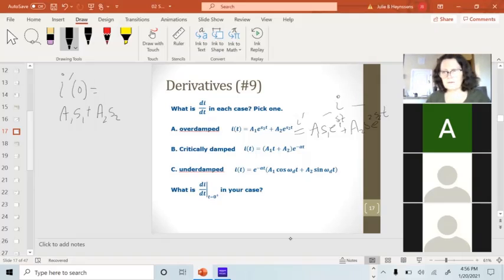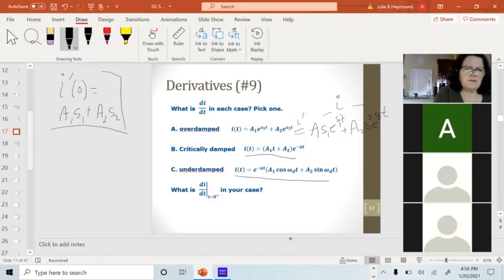And we can go through it, we can do the calculus, we could take the derivative of this, evaluate it at 0, we could take the derivative of this, evaluate it at 0, but there's the answer. So for part A, if I can find the rate of change of the current at time t equals 0, I now have another equation from the last one.